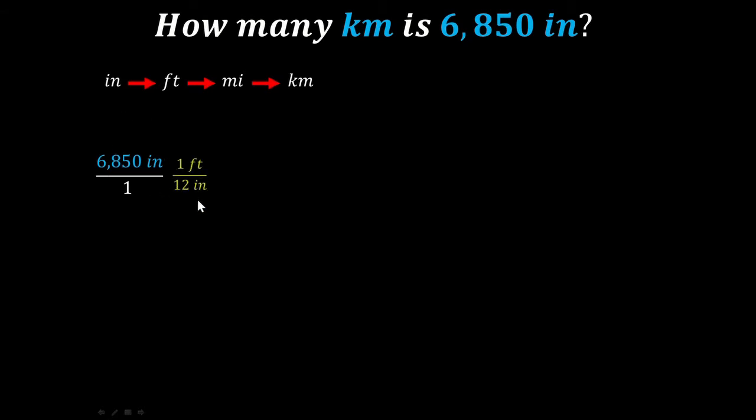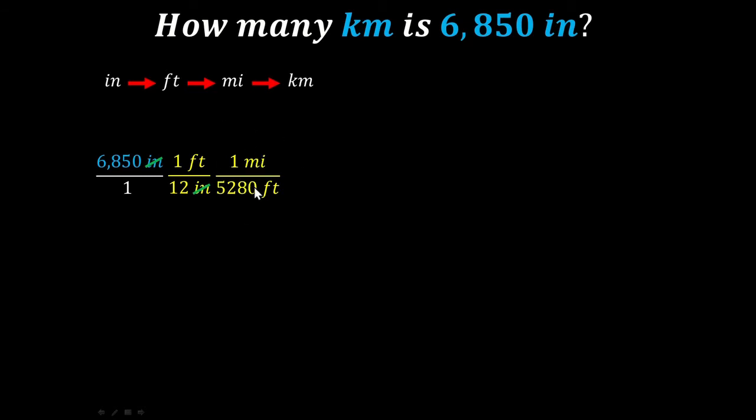So I'm going to take that number and multiply by the number 1. Well, 12 inches is the same thing as 1 foot, so that fraction equals 1. Inches on top cancel with inches on the bottom. And when I take that number and divide by 12, how many inches do I have? Well, I've got that many inches. But if I divide by 12, it would also be an equivalent number of feet.